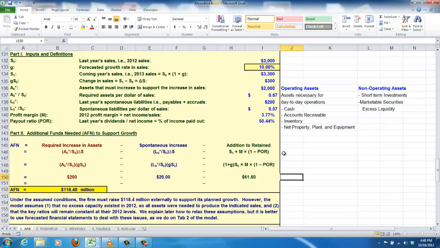Just as a note, M multiplied by 1 minus the payout ratio, 1 minus the payout ratio is known as two things: the plowback ratio, or the retention rate.